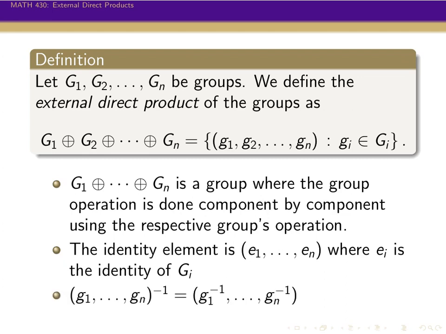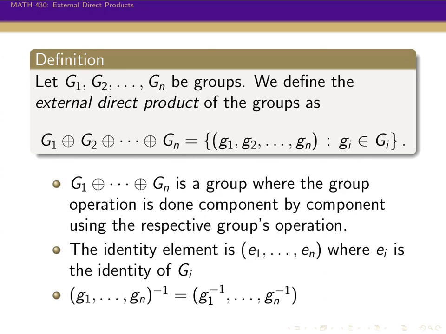And lastly, if we want to take the inverse of some element of the direct product, then we just take the inverse component by component, where again, this inverse is according to whatever the group operation is for that respective group.